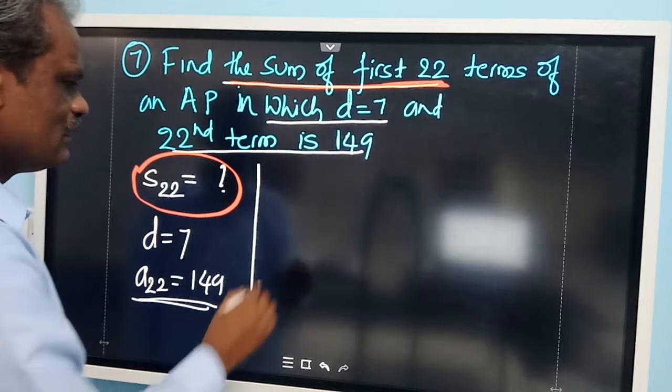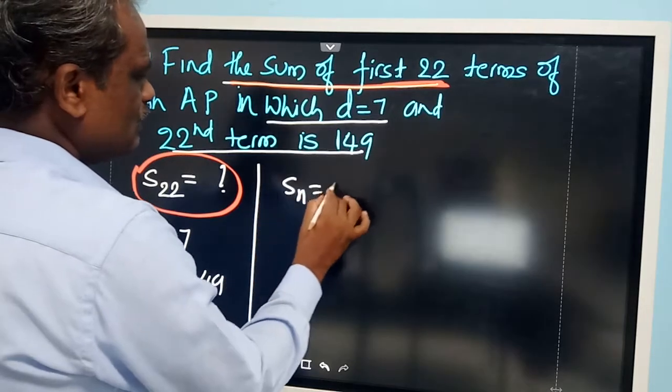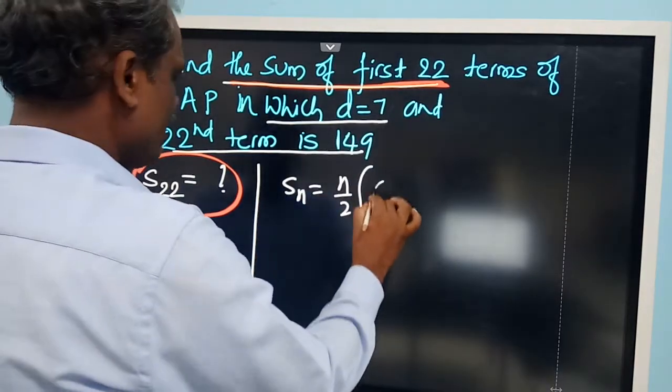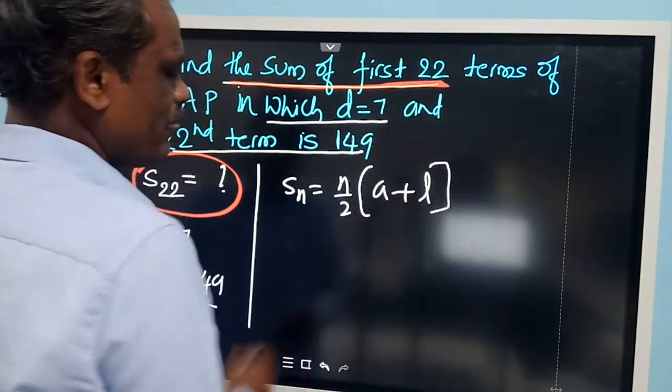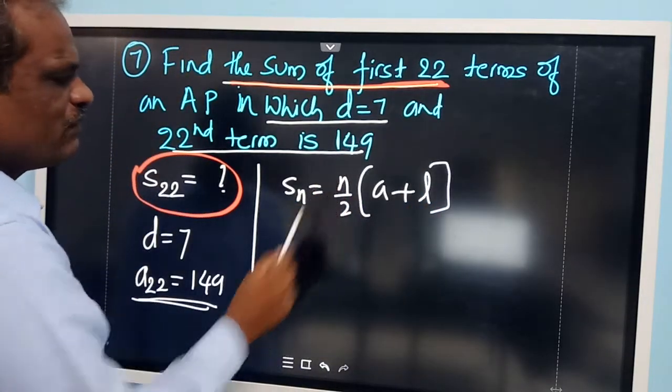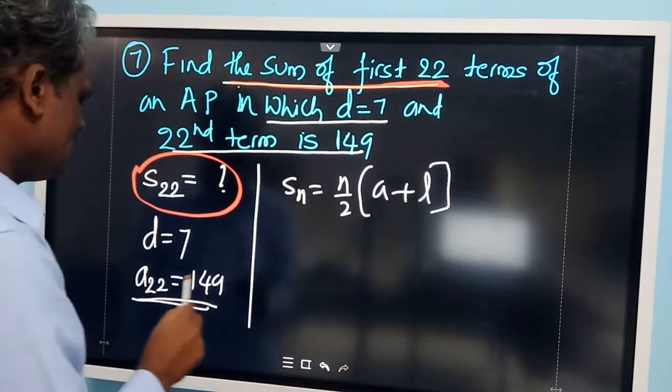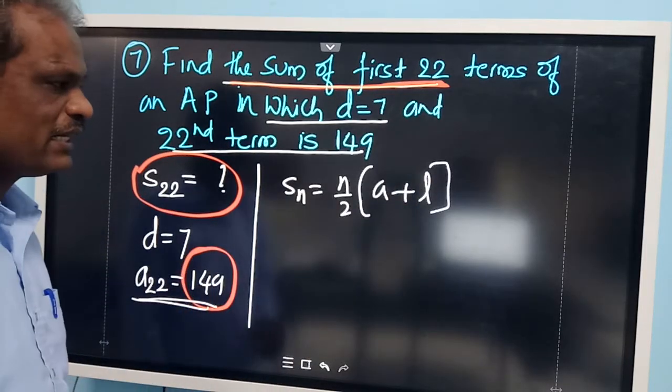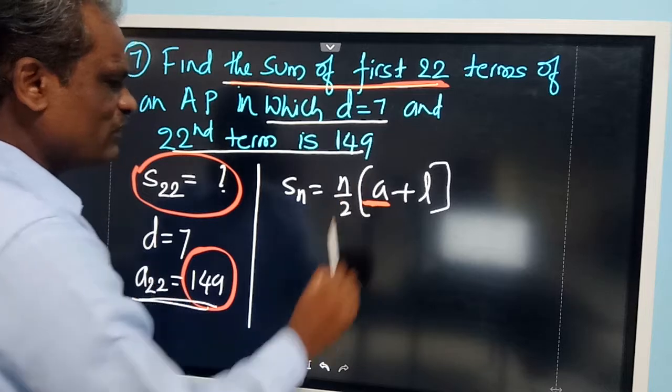Sn is equal to n by 2 into a plus l. This is the formula. What are the things required here? We have the n value, 22. The last term is known, that is 149. So we need to calculate the first term.